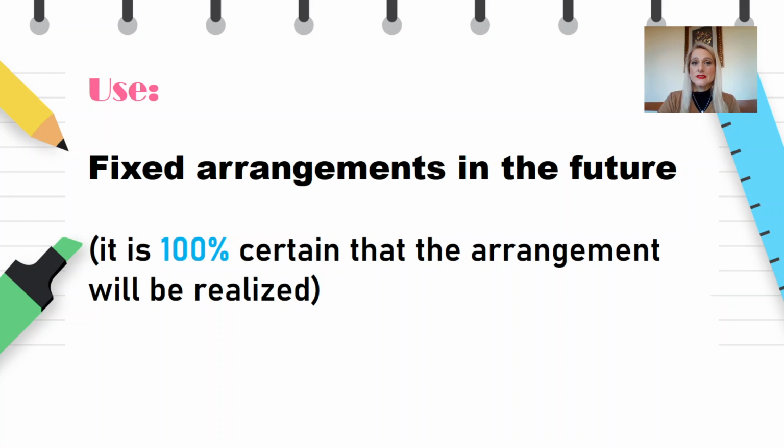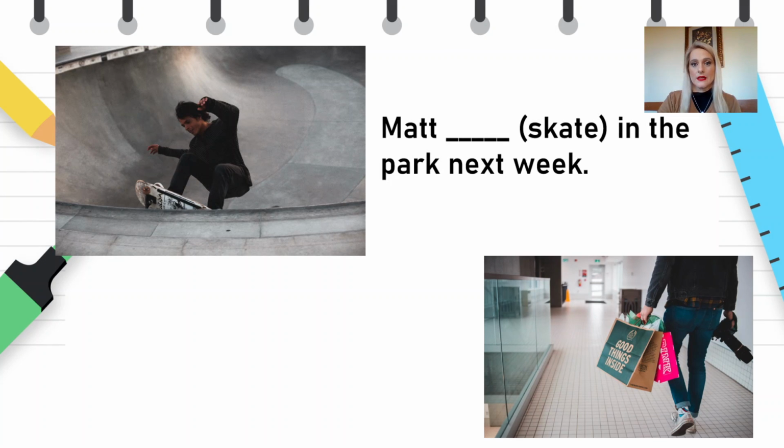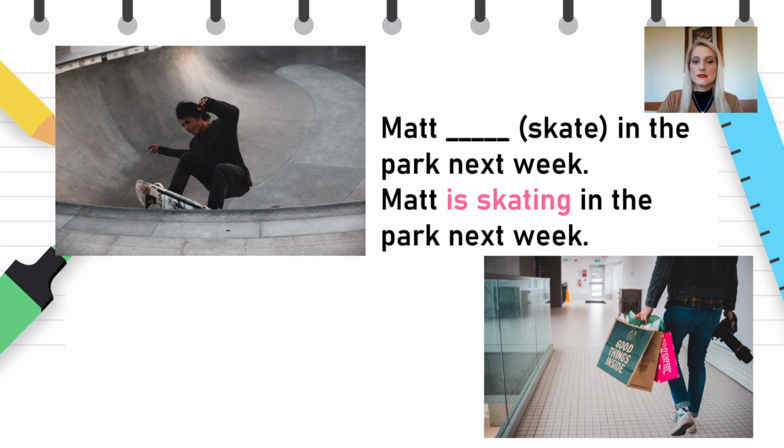It's very different from making plans. When you make plans, there is a 50-50 chance that it will be realized. But when you express a fixed arrangement, there is 100% certainty. So, for example, if we have a sentence like this, Matt is skating in the park next week, it means that this has been arranged.